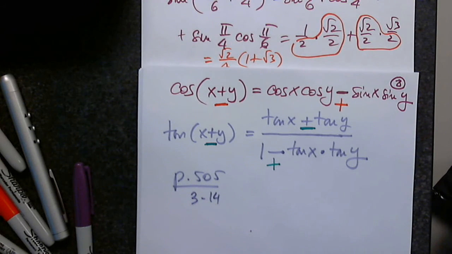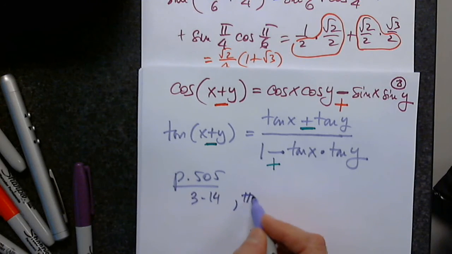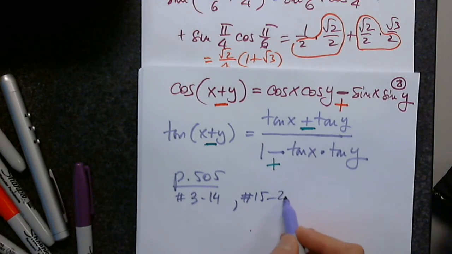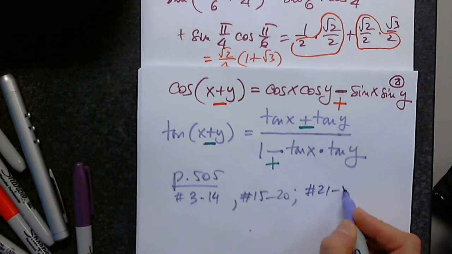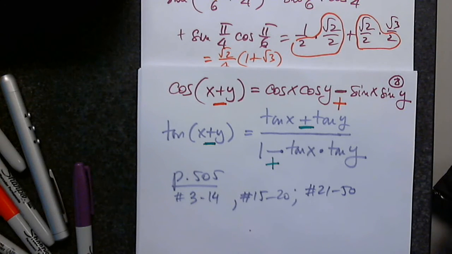Then we want to pick from 15 through 20. And then from 21 through 50. Which one? Page 505. Yes, page 505. Ready? Which one? We want to try 8.